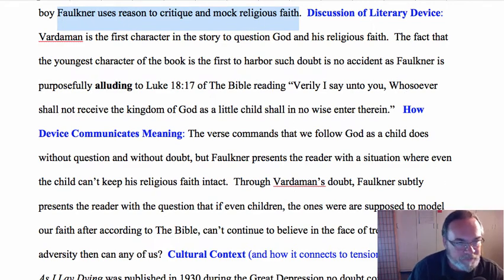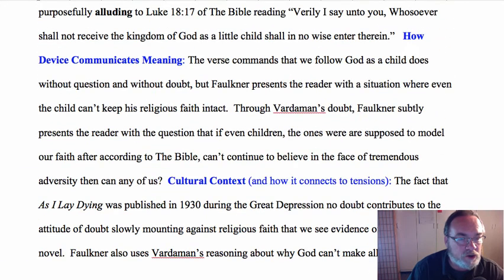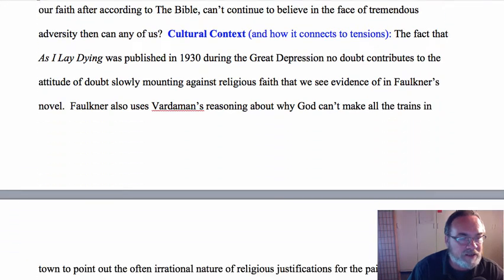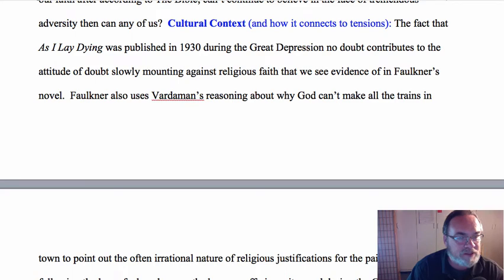Really nicely done. The other thing you want to make sure you're doing in your paragraph is connecting your analysis to a cultural context. Brian uses the Great Depression, and importantly, he doesn't just say the Great Depression as a context, he explains how the Great Depression relates.